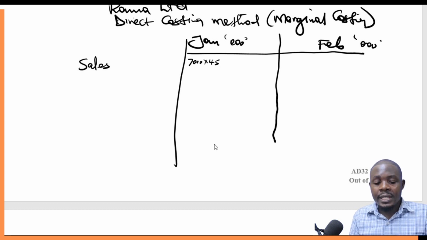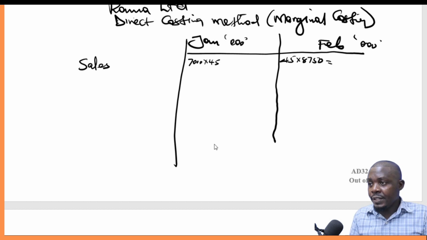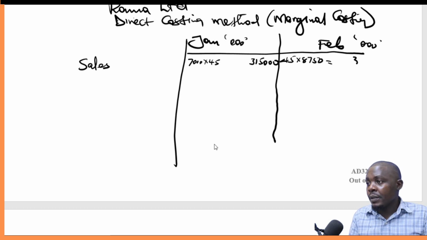And then for February, we sold 8,750, so 45 multiplied by 8,750. How much do you get? 7,000 multiplied by 45, getting 315. Then that side multiplied by 8,750, we have 393,750.